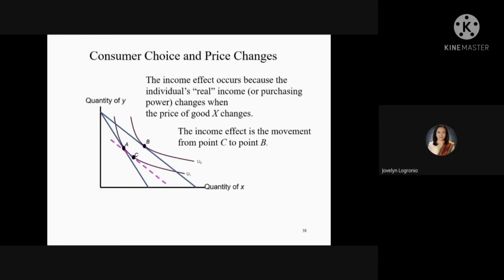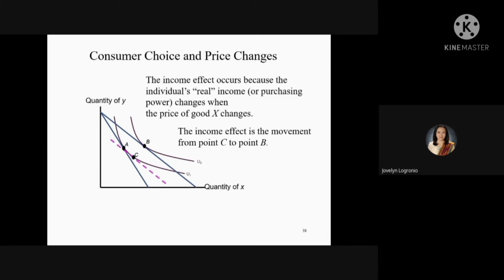And notice that this violet colored budget line is parallel to the new budget line. From the imaginary budget line, or from this broken line, to the new budget line, the effect is like the budget line shifted.